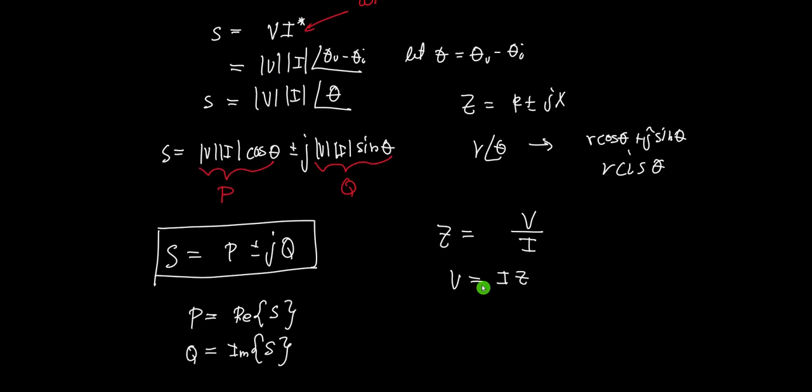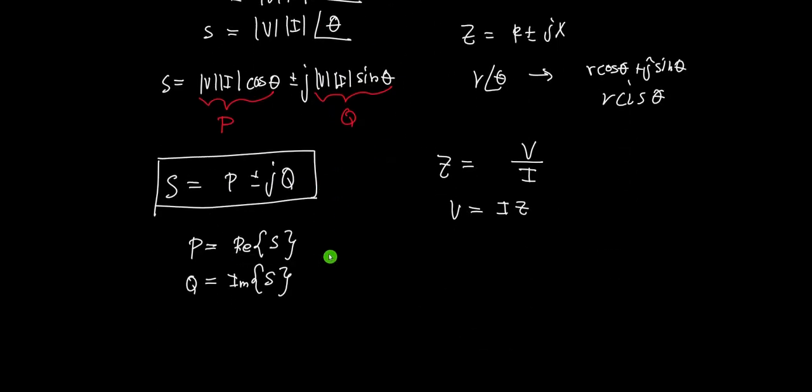Then I will substitute this value for V in S, so that S is equal to V, which is I times Z, multiplied by the conjugate of I. Now remember, I has an angle of theta I. But because this is a conjugate, this is negative theta I. If you multiply them, we just add the phase angles. So theta I plus negative theta I will become 0.